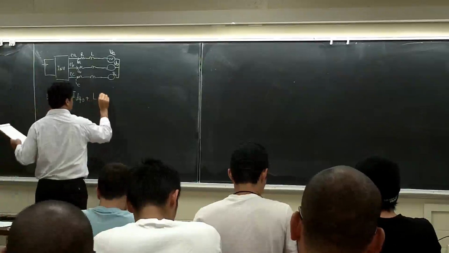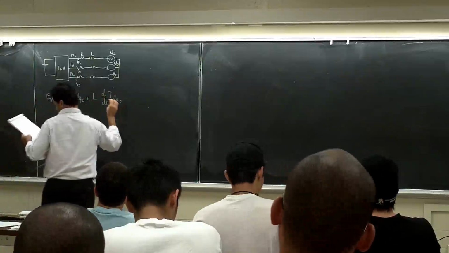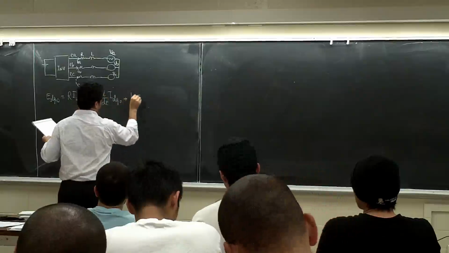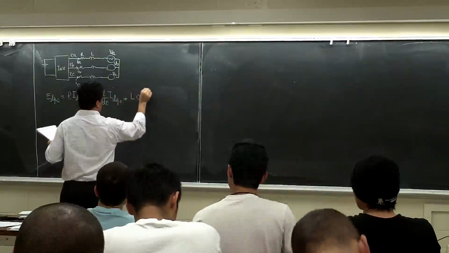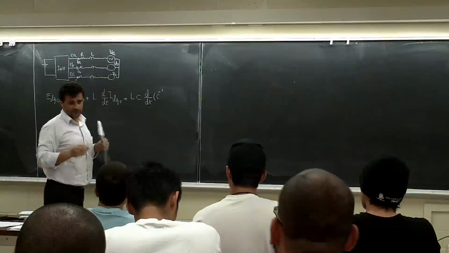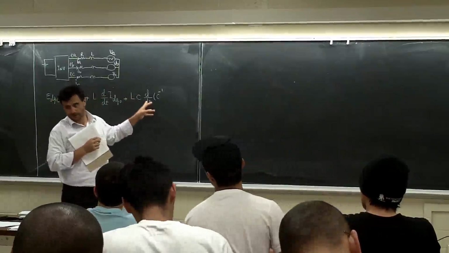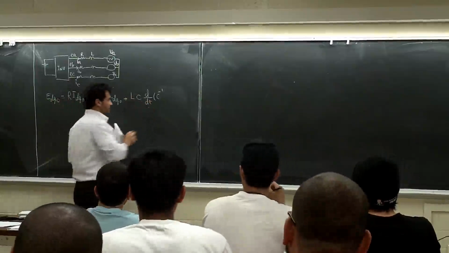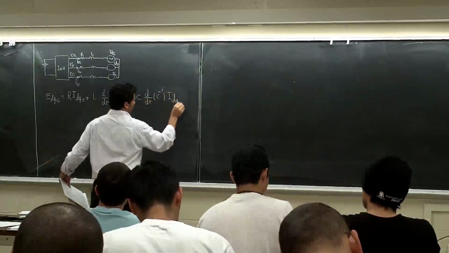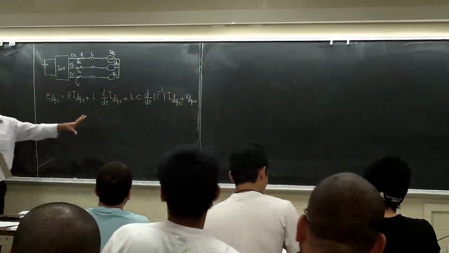L d over dt IDQO plus, I think what we had was L C d over dt. I should have called this transformation T instead of C, because you may think it is the capacitor. This is not a capacitor, it's the transformation matrix we have. C minus 1, IDQO, right? I think this is where we finished last time, right? Am I right?